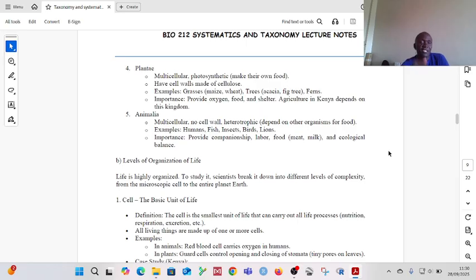Then the last kingdom is kingdom Animalia, which is made up of multicellular organisms, and those cells don't have a cell wall. And members of this kingdom Animalia are heterotrophic, kumaanisha they depend on other organisms for food. Okay.